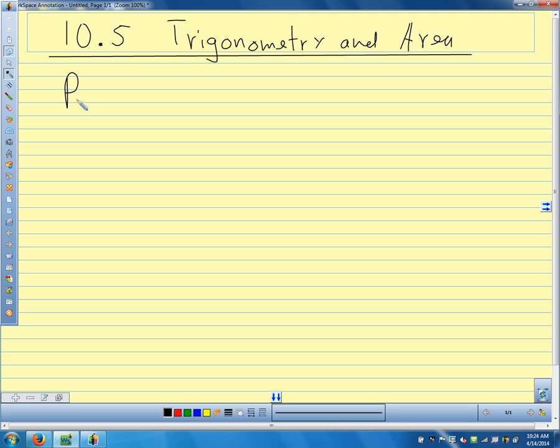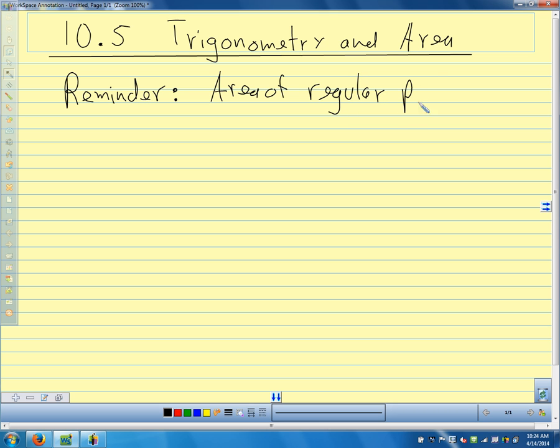So just a reminder, our area of a regular polygon is always 1/2 the apothem times the perimeter. So we need our apothem, we need our perimeter to find our area.